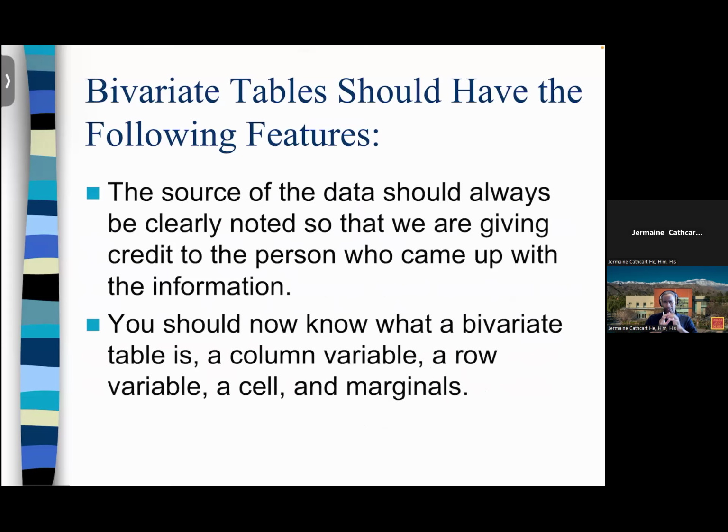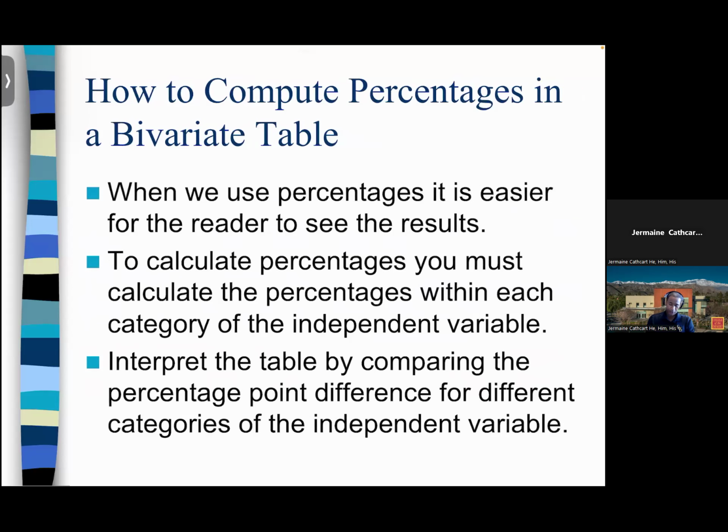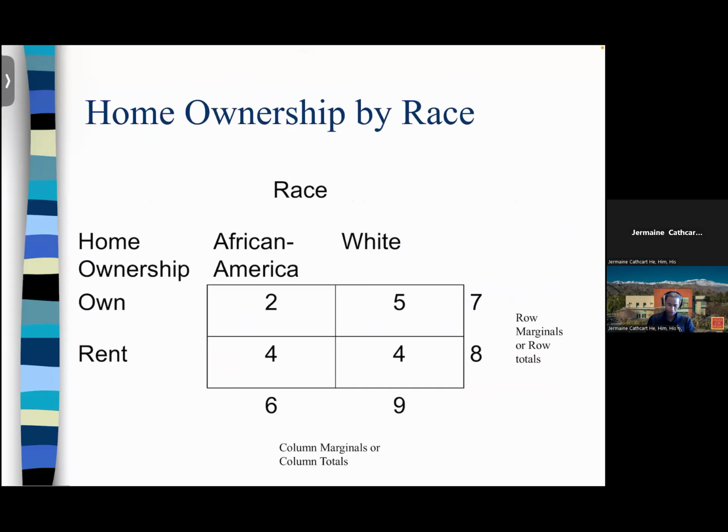Now, the last couple things that a bivariate table should have, it should have the source of the data. It should always clearly be noted that we are giving credit to the person who came up with the information. Now, if you did the study and this is your data, you don't have to do that. But let's just say you're pulling it from the General Social Survey, or from some other news organization, some other news source, then you'd want to note where you got it from.